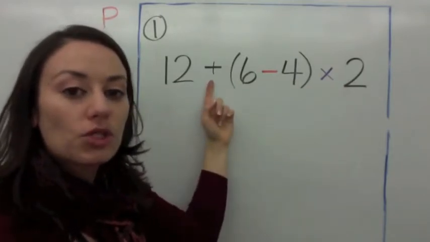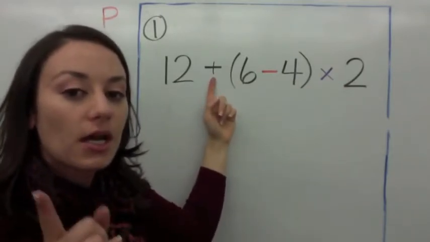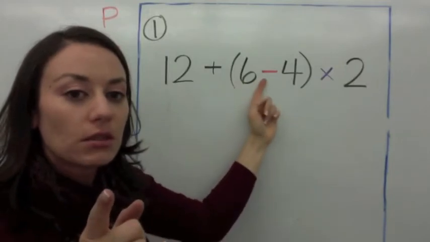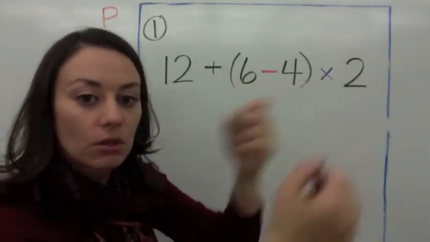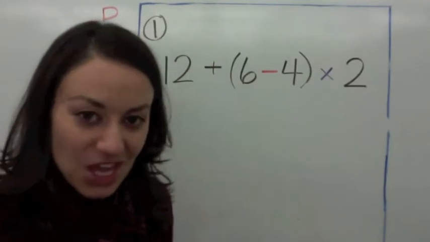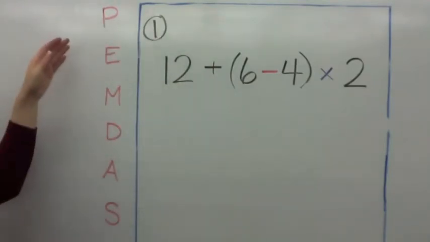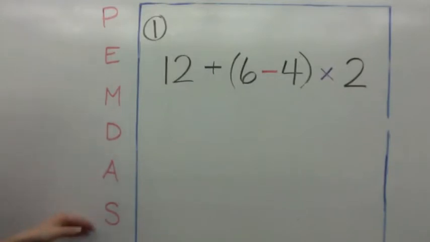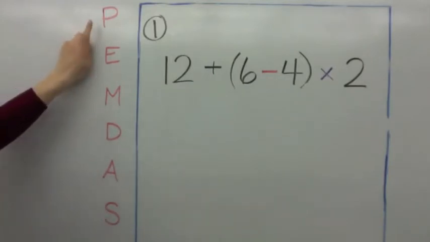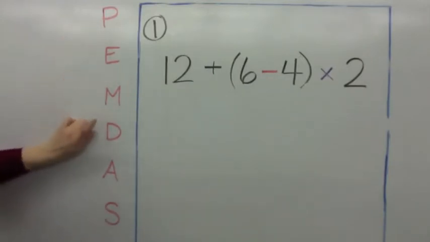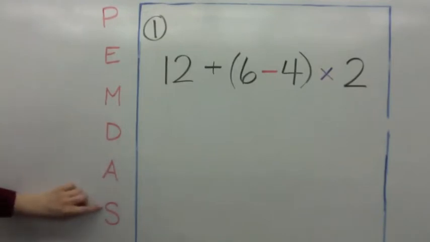So what operation is this? It's addition. This is subtraction, and this is multiplication. When we look at the order of operations, we know that we have to do purple elephants may destroy a school, which means parentheses, exponents, multiplication, division, addition, subtraction. So what should we do first?